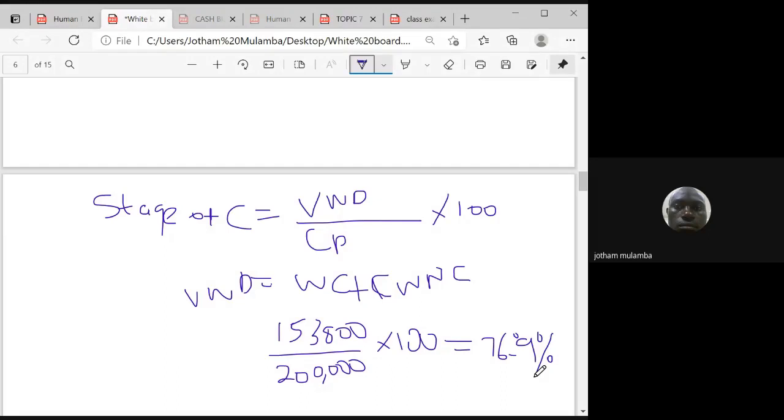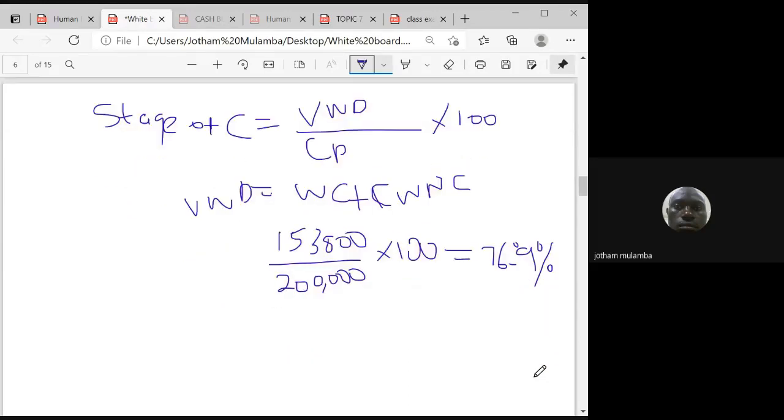For those who are there, do you remember? The first stage I gave you, we said early stage. And for early stage, you said it's between 1% to 49%. And at that stage, you don't recognize any profit.